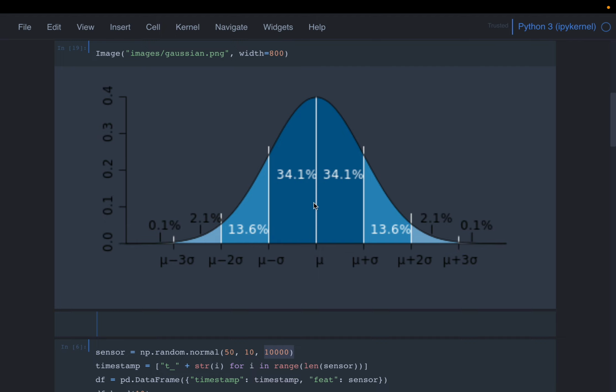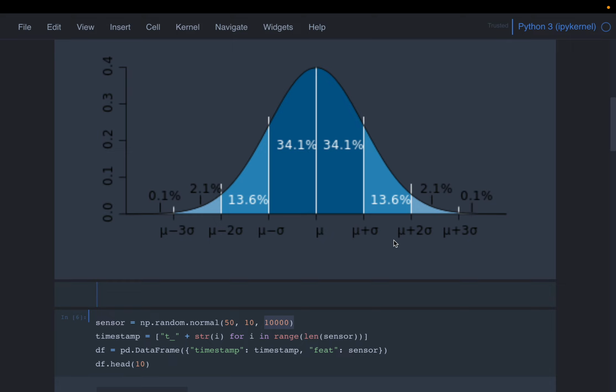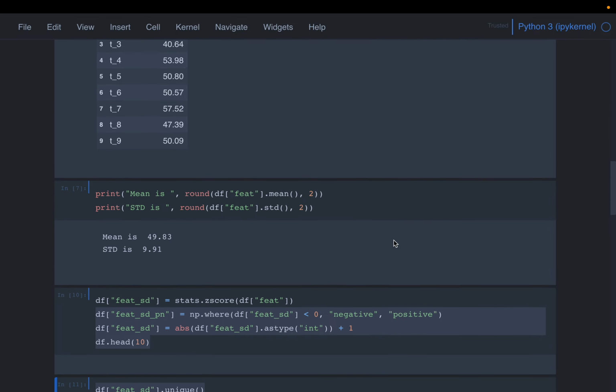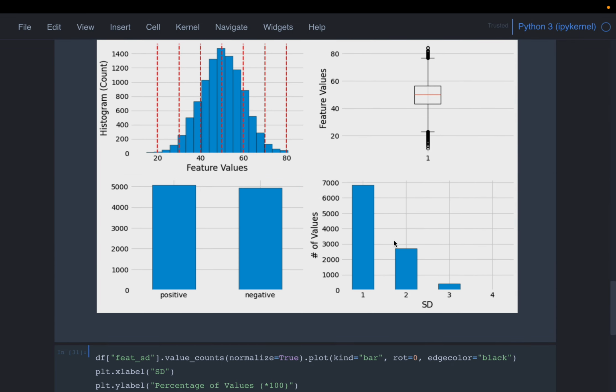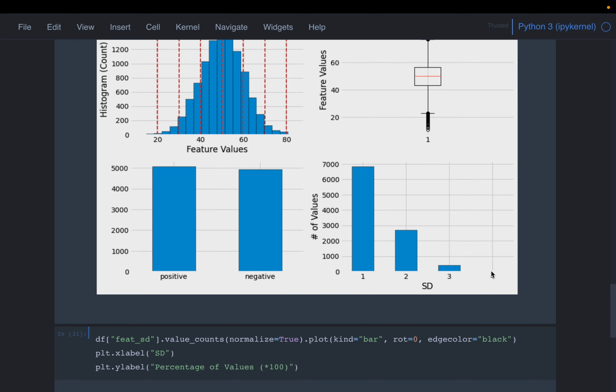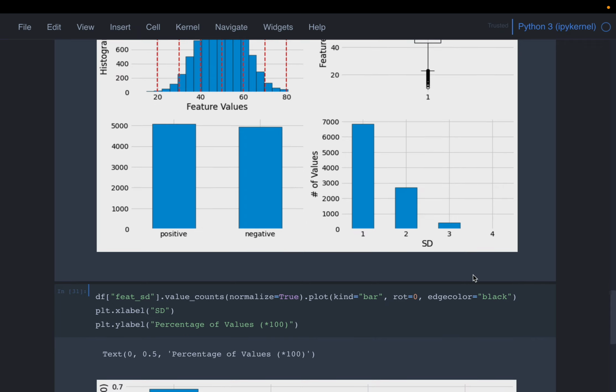The second region is the 2 sigma width. That would be 13.6 plus 13.6, around 27-28% of values. And then 3 sigma, and usually the values outside 3 sigma are considered outliers. So we have a very small fraction of values after 3 sigma.